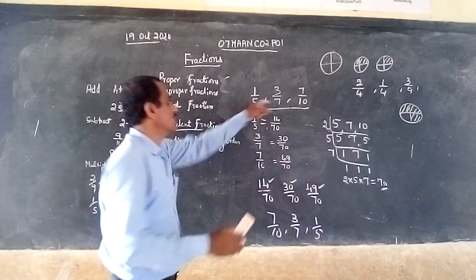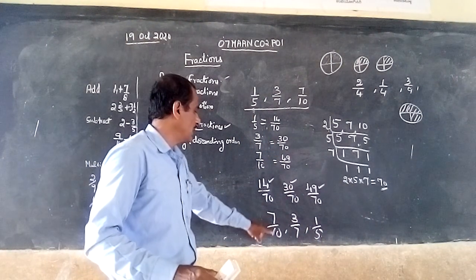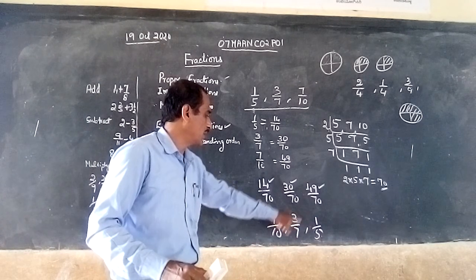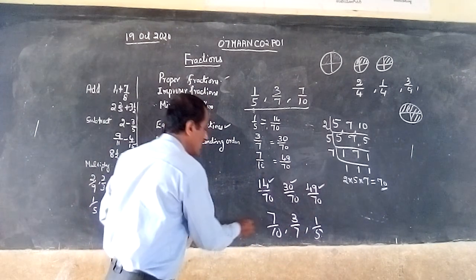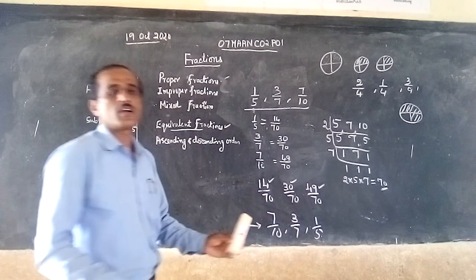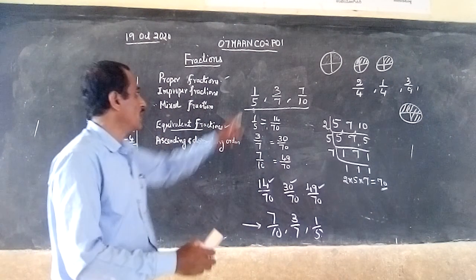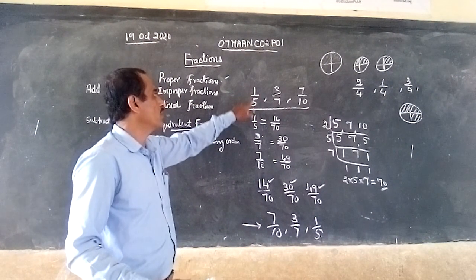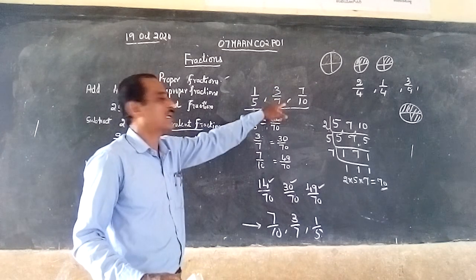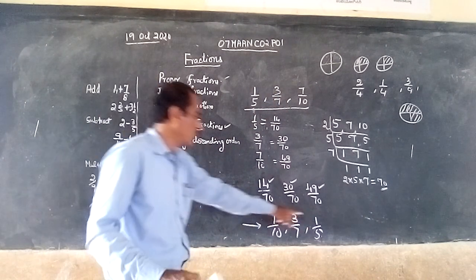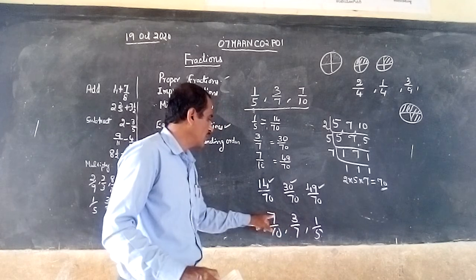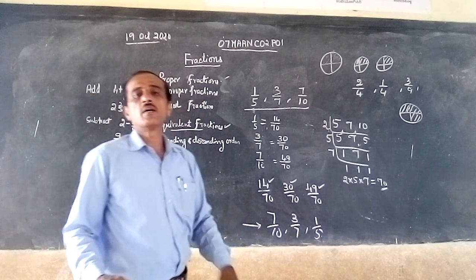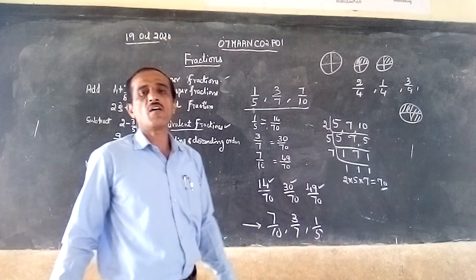So among these three fractions, 7 by 10, 3 by 7 and 1 by 5, this is descending order. If you reverse the order, it becomes ascending order. So 1 by 5, 3 by 7, 7 by 10 is the ascending order of these fractions.